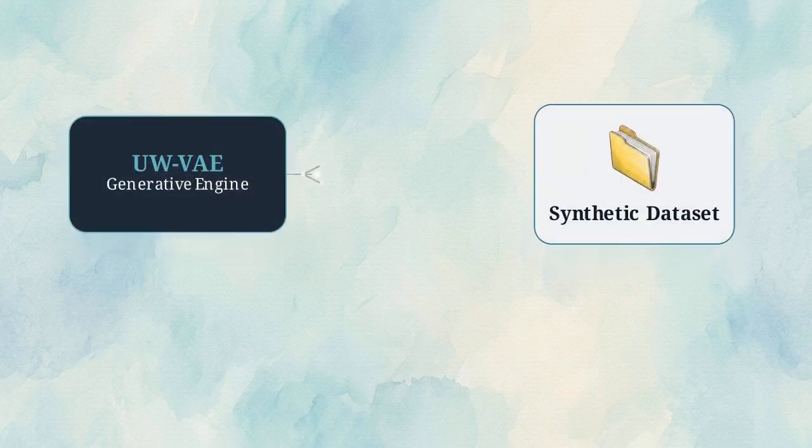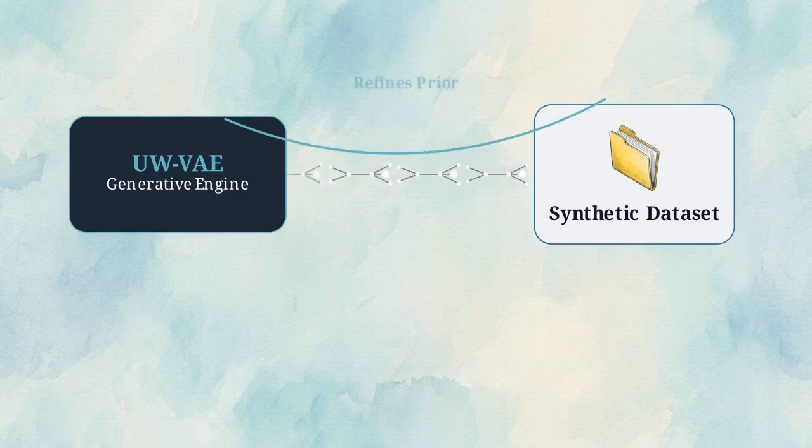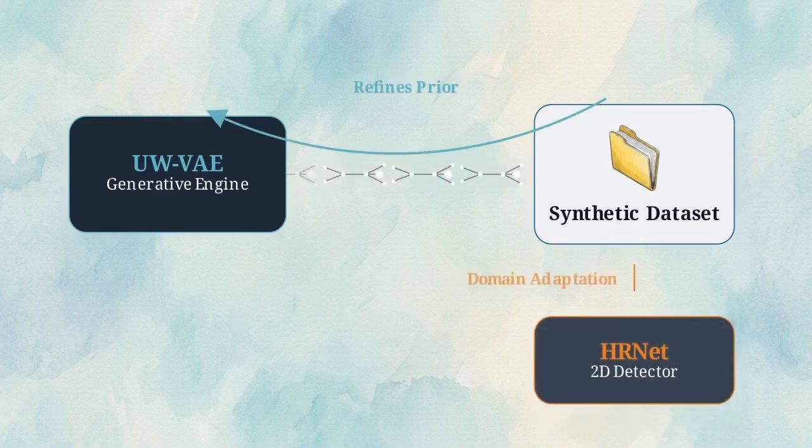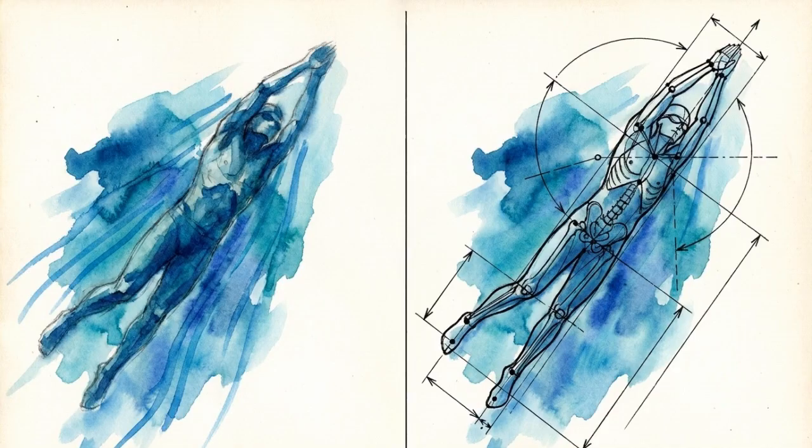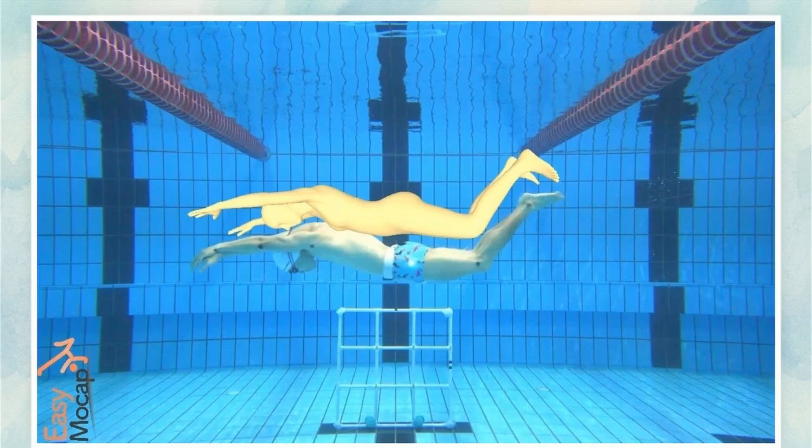The UW-VAE not only optimizes individual frames, but actively generates the training data required to build and refine the entire system. This synthetic dataset is then used to fine-tune the HRNet 2D detector at the start of the pipeline, adapting it specifically to aquatic lighting and blur. This grid displays the results on real-world footage.